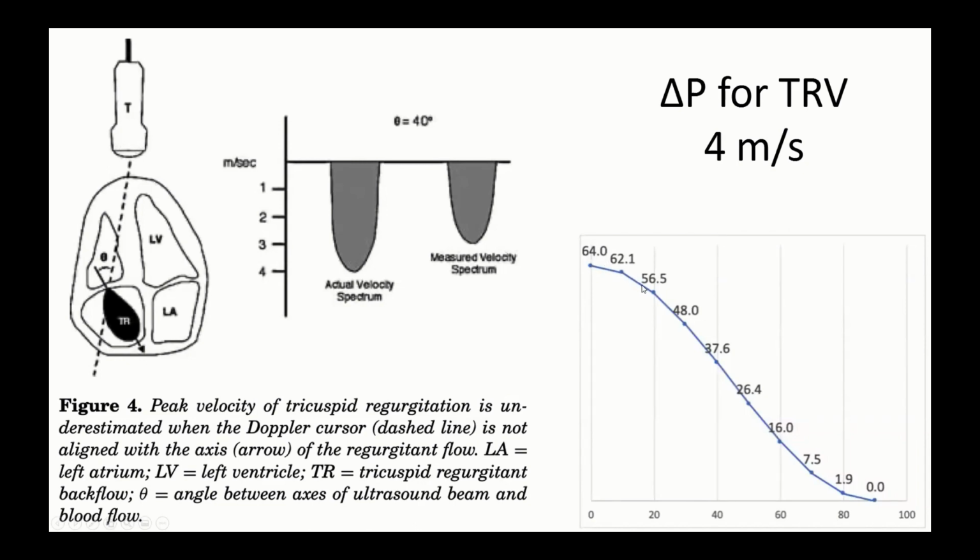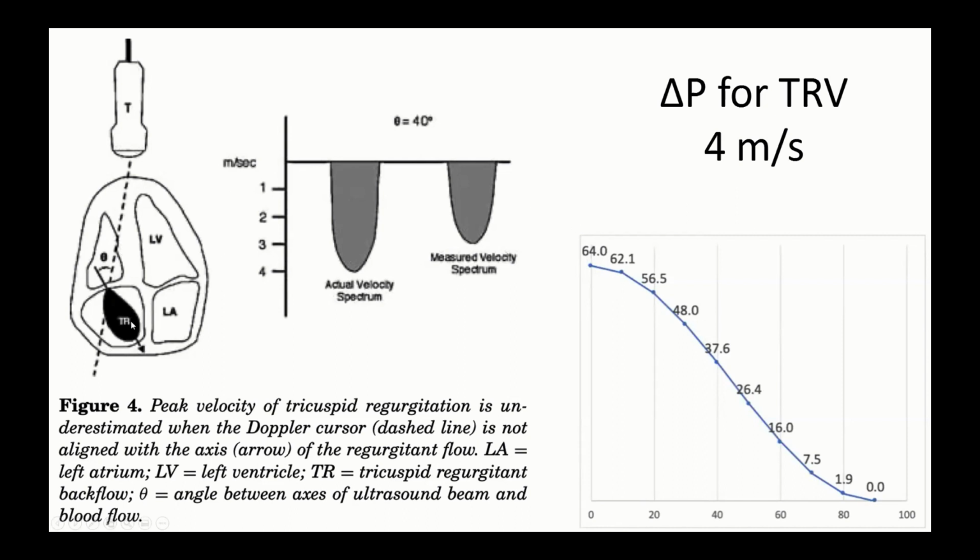If you are 20 degrees off, then you're going to underestimate the pressure by 7 or 8 points, and it goes steeply down from there as you deviate from being exactly in line with the regurgitant jet.